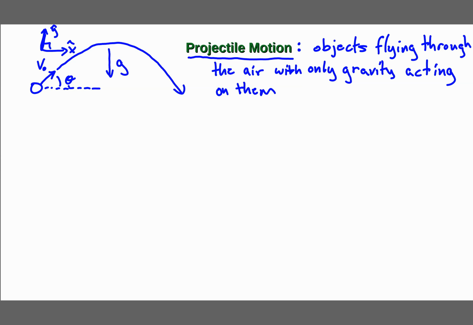So we said before that with our orthogonal coordinate system, the motion in the y is completely independent of the motion in the x. And that means the effect of gravity is completely independent of motion in the horizontal direction. Okay? This turns out to be true in the physical world.